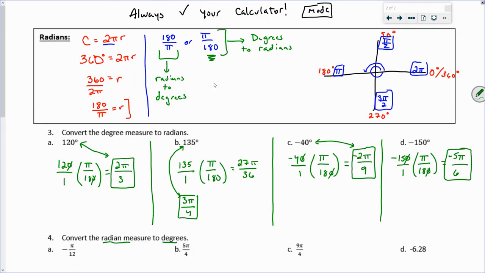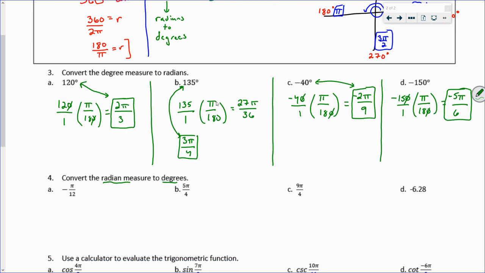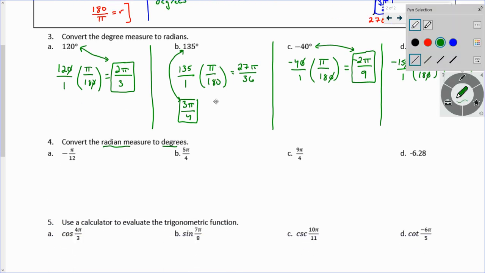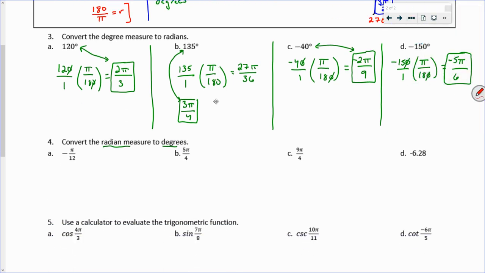I want to remember that now we're going to use the reverse. And the way I've always remembered it off the top of my head is I want to be able to cancel this pi in this original problem. We don't really have pi's in our degree measures. So now I know that the 180 goes on top and the pi goes on bottom.